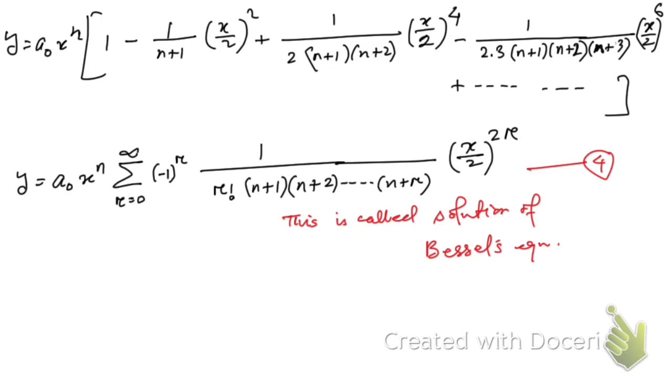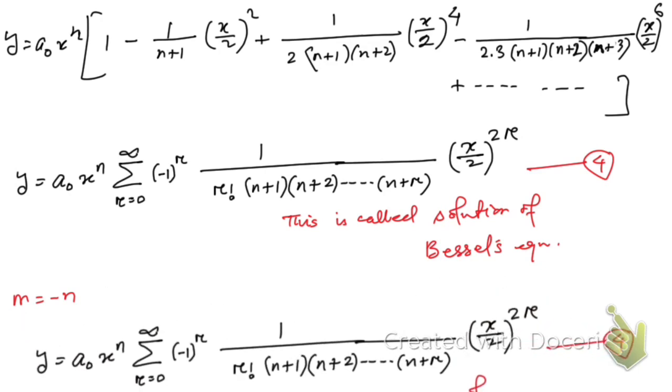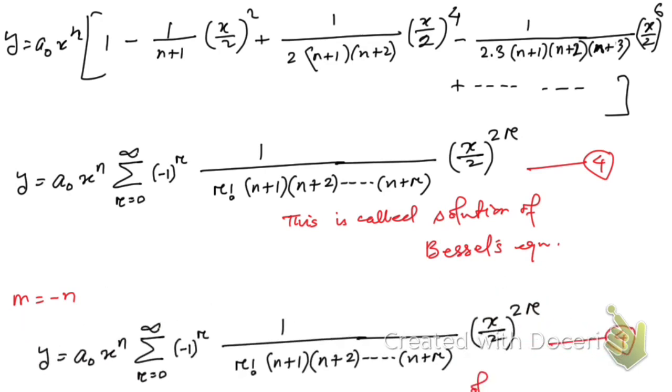Now before that, let me tell you one more thing. If m is equal to minus n, then you have to replace this n by minus n. Let me show you here. So for m is equal to minus n, you have to write minus n here.